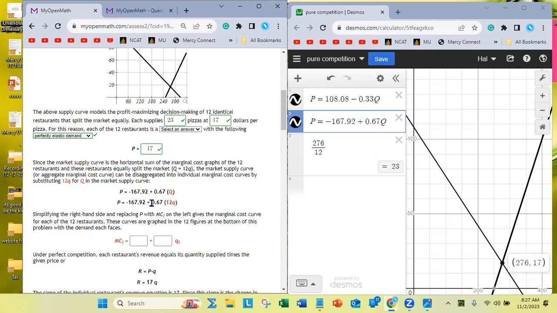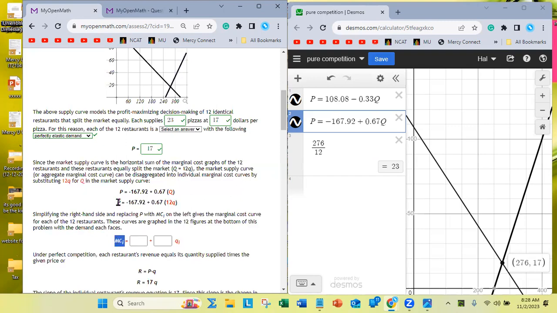But the individual supply curves are 12 times steeper than the market supply curve, right? 12 times steeper. So again, this is the supply curve of an individual firm in this market. And we know from the reading that the supply curve in a perfectly competitive industry is just that firm's marginal cost curve, right?